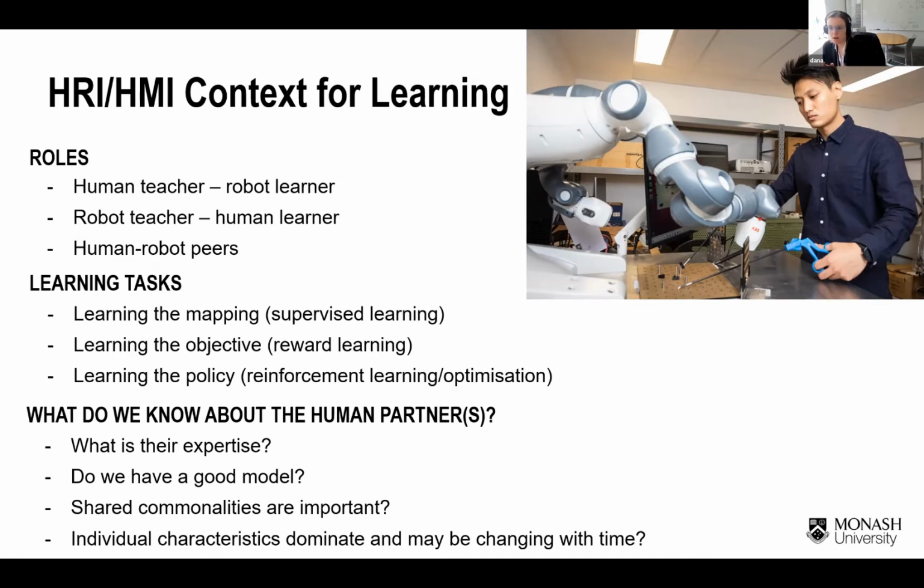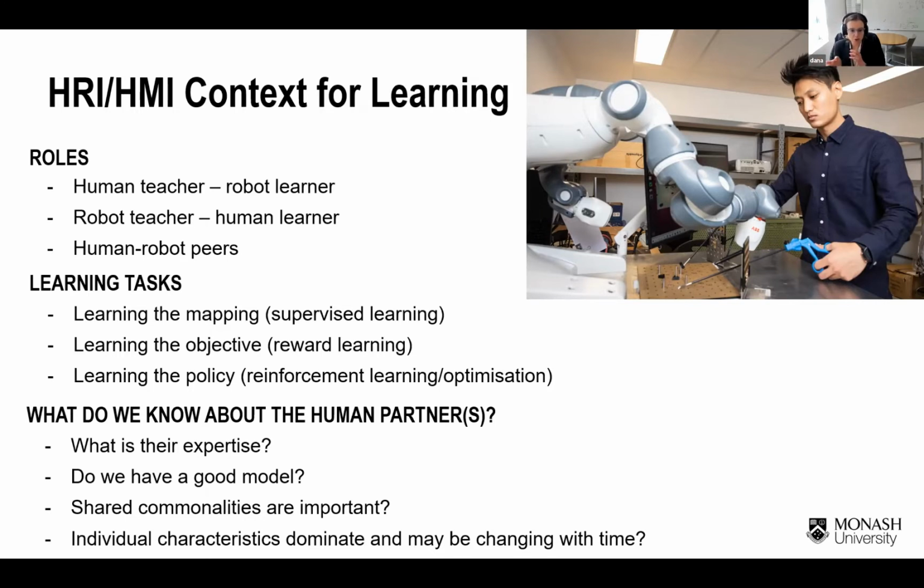Can we assume that most of the people interacting with the system will behave in the same way, so that we have some shared commonality and can use data from past users to help us respond better with new users? Or is it the case that individual characteristics dominate and maybe change with time, so that we really have to be very careful about using any information from other users and applying it to this user?